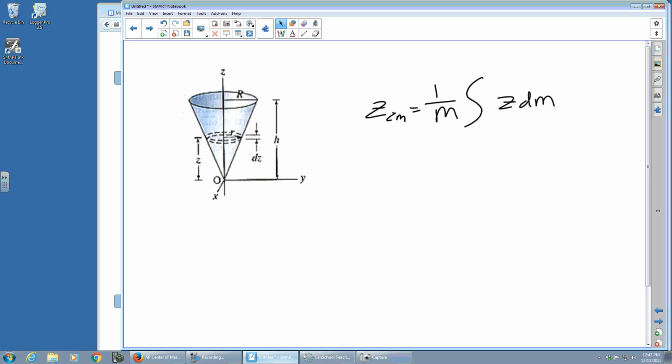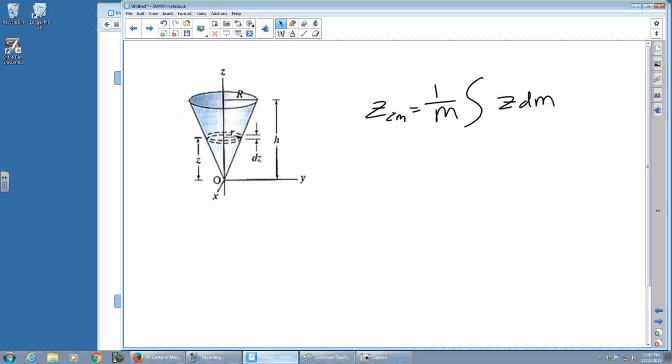But when we get to fields, this practice is going to become very important. On the equation sheet, there are equations like this that deal with fields. And when we talk about rotational inertia next week, these will help you with rotational inertia. But the likelihood of them saying, hey, find the center of mass, is pretty low.